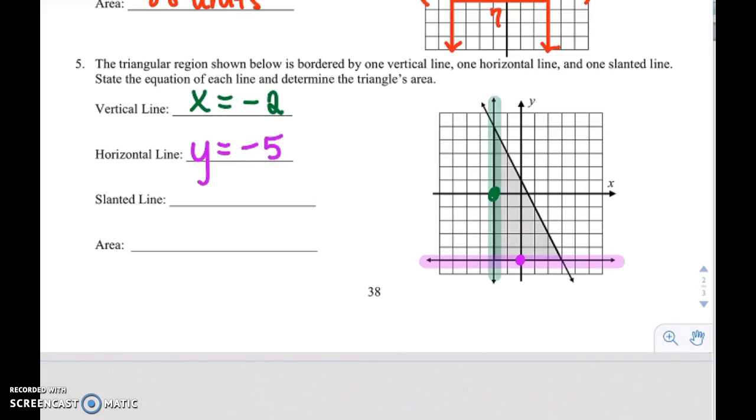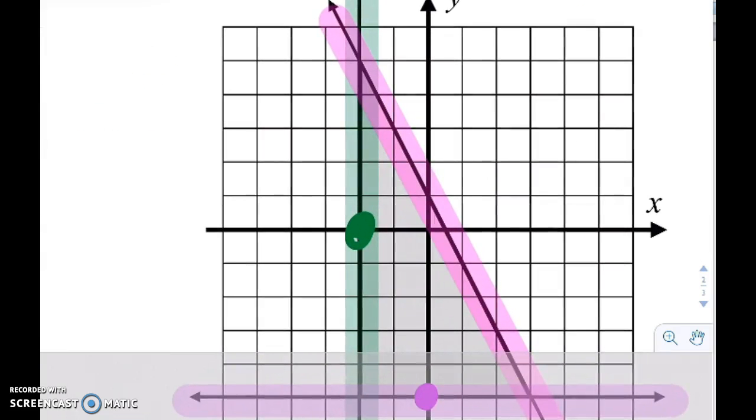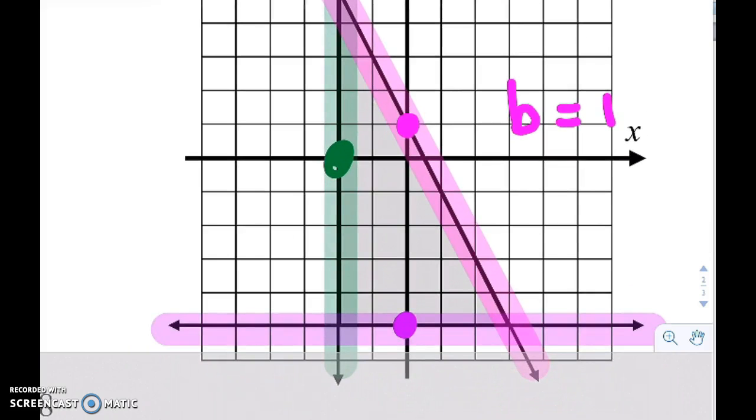And great review of our slanted lines. In order to write the equation of a slanted line, we know we need two things. We need slope and we need the y-intercept. We'll do that one in pink. So here's that line. Where is the y-intercept? We want to identify that first. It's right here. So our b is 1. Then we pick another point on our line and see what we have to do to get there to get our slope.